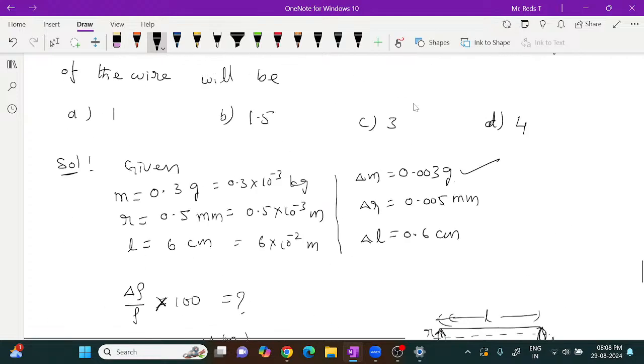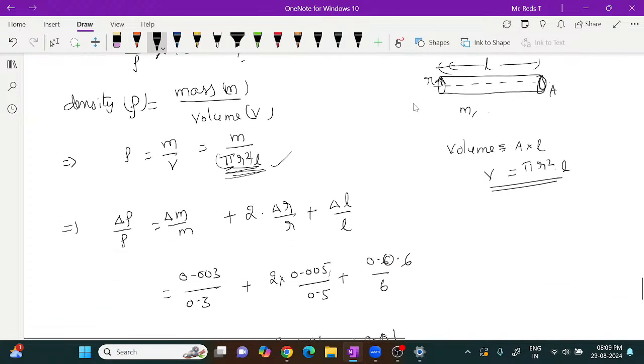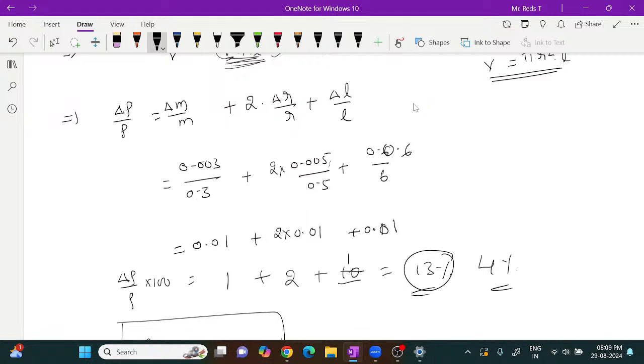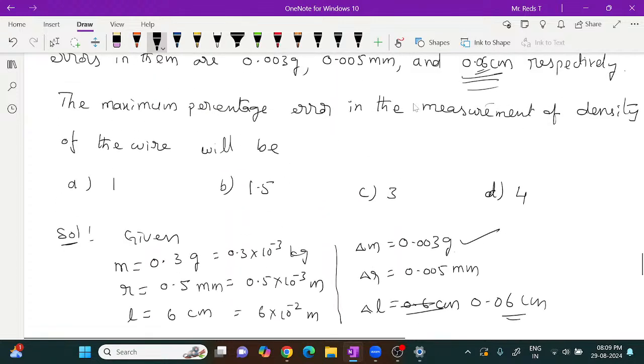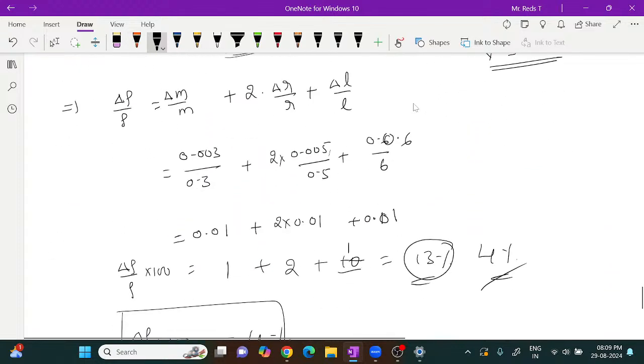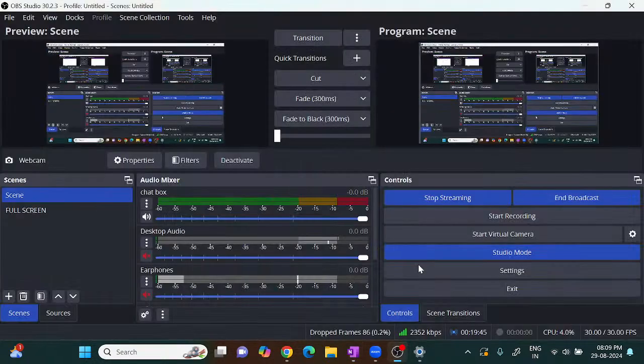In the question, I think we have to take this correction. It is supposed to be 0.06 centimeters. If you take that, then you will get it properly. Okay, try to go through it once again.